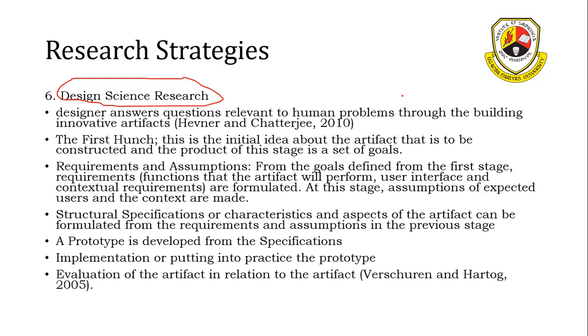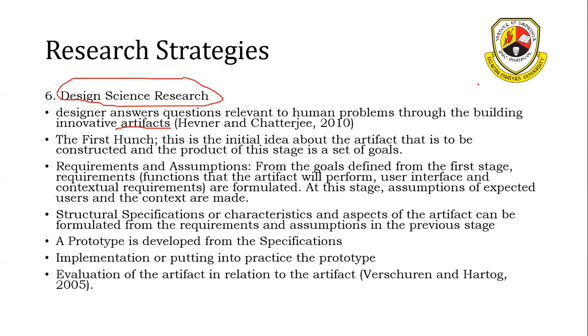So this research method recognizes that the researcher is designing an artifact. And by artifact, I mean it could be a system, it could be a mobile application, whatever it is. And in that process, the researcher goes through several stages to develop that particular artifact.